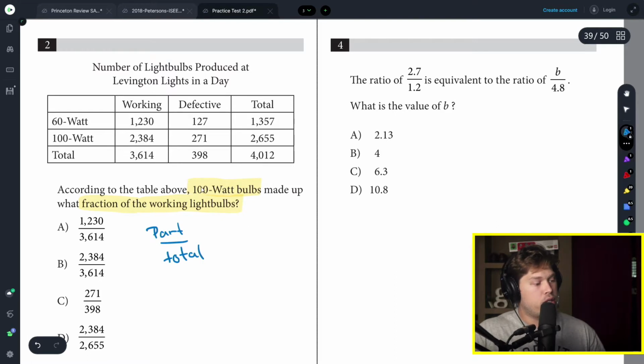Okay, and we want to know what 100-watt bulbs made up of the fraction of working light bulbs. So the total of working light bulbs is 3,614, and the number of those which are 100 watt is 2,384. So our answer for number 2 is choice B.